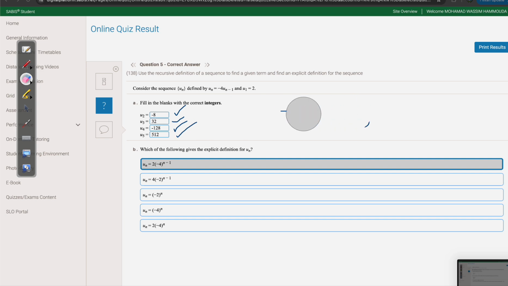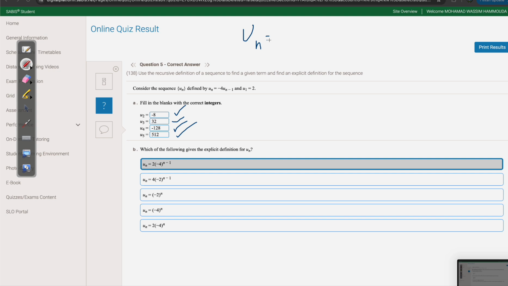As you can see here, this is actually becoming a geometric progression, right? I hope you guys can tell the pattern since we're multiplying by -4 each time. So what we can decide is that the sequence un is just a geometric sequence.